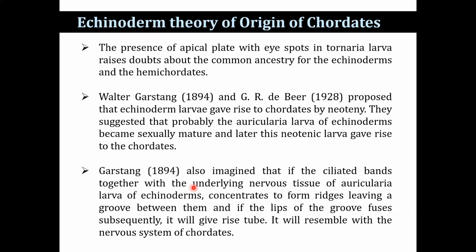They suggested that probably the auricularia larva of echinoderms became sexually mature, and later these neotenic larvae gave rise to chordates. Garstang, 1894, also imagined that if the ciliated bands together with underlying nervous tissue of auricularia larva of echinoderms concentrate to form ridges, leaving a groove between them, and if the edges of the groove fuse subsequently, it will resemble the nervous system of the chordates.